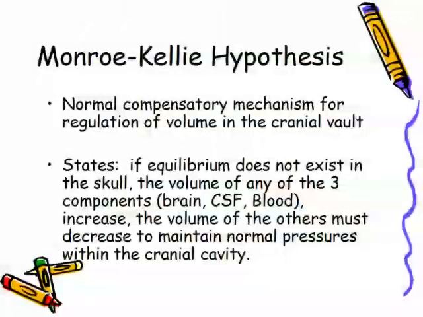So typically what's going to happen is there's going to be a decreased amount of blood flow to the brain, because remember, the only three components that we can change within that space are brain tissue itself, CSF, which is continuously produced by your body, so we really can't change the amount of that, and the third component, the volume of blood that goes to the brain. And remember, anytime you have anoxia, lack of blood to the brain, those patients can suffer permanent damage if it lasts for a certain amount of time.